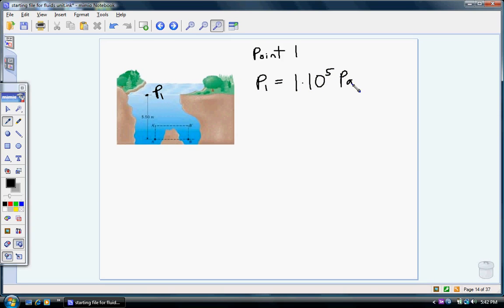Yes? That was actually atmospheric pressure. That's the actual pressure at that point 1. So what would the gauge pressure be at point 1?